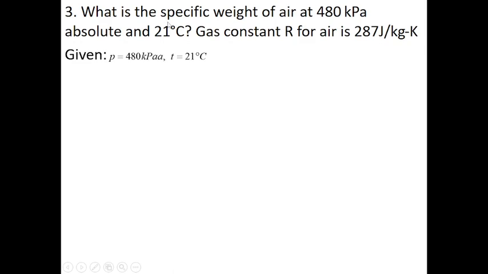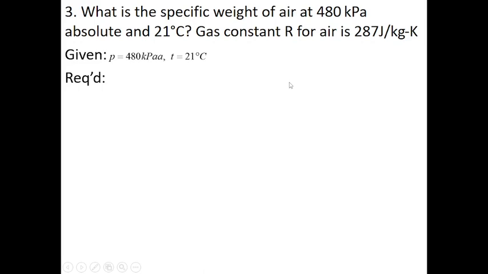So recall your thermodynamics, you have studied about absolute pressure. So kPa for absolute pressure. And then the temperature is also given at 21 degrees Celsius. And the gas constant for air is given at 287 joule per kilogram Kelvin.